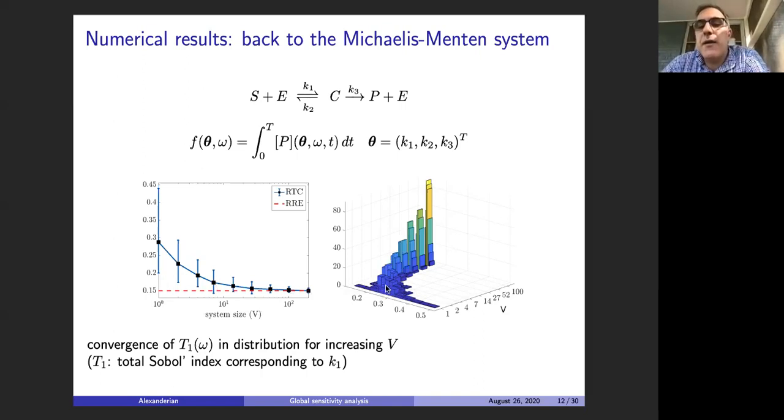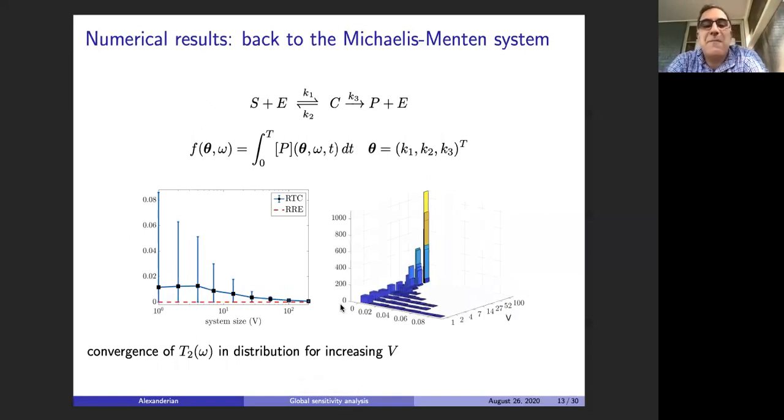where I track the histogram of the stochastic Sobol index as the system size grows. And you see that these PDFs or histograms concentrate towards a limit, and that corresponds to the index that you get from the RREs. Okay.